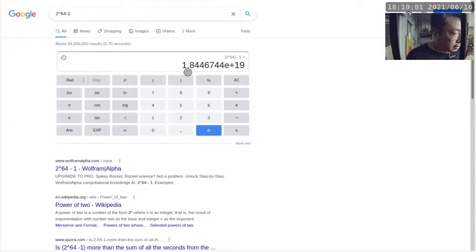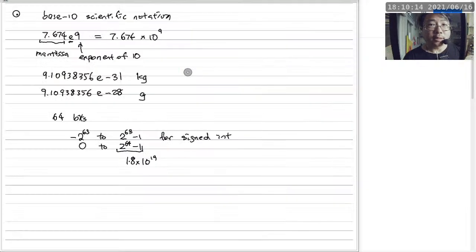I'm going to write it down here: 1.8 something times 10 to the power of 19. Okay, switch back to the tablet. When we look at this value, it's approximate; there are a lot more digits to it.